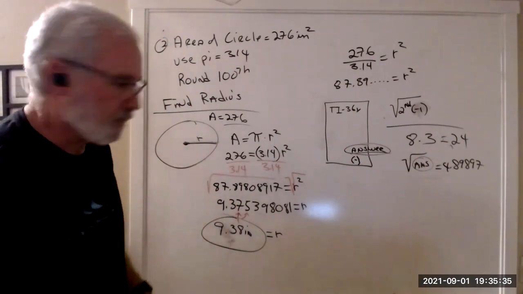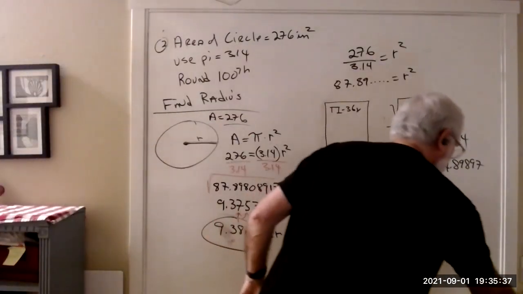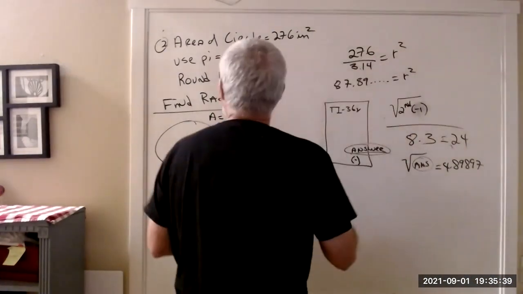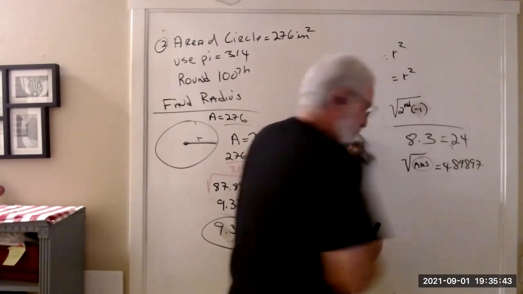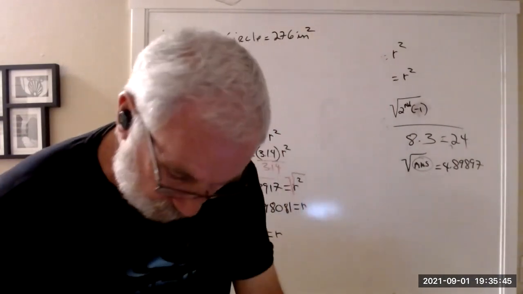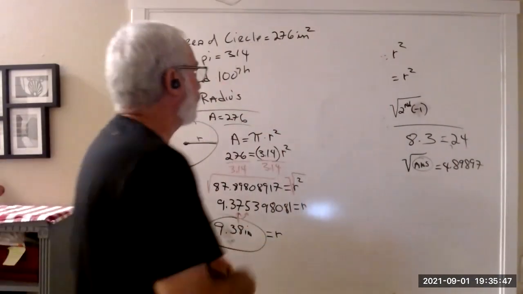But anyway, so that was the first one. It said find the radius. The second half of that question was find the circumference.